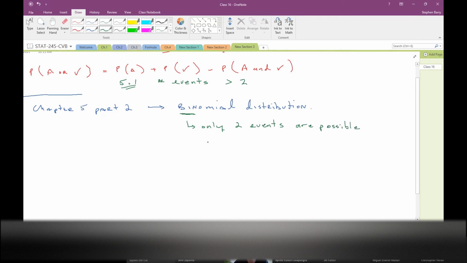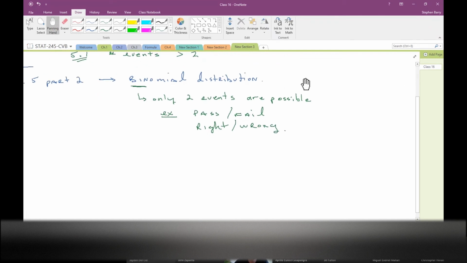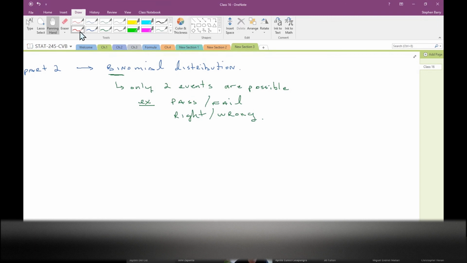And the best way to categorize this are examples like pass and fail, accurate, not accurate, right and wrong. And there's a classic example, and they talk about this in the textbook at the end of this section, and it's a good one. Let's say that you're writing your quiz number 3.